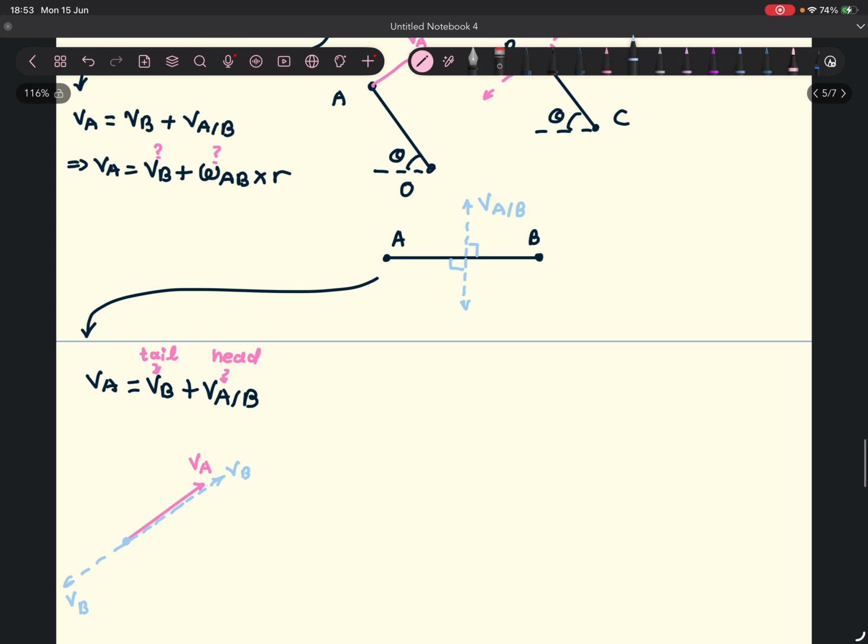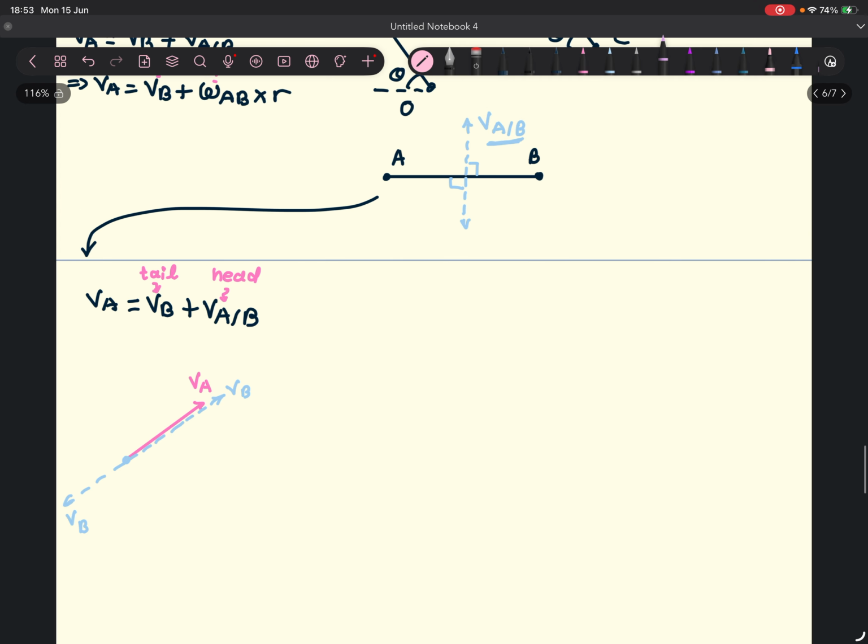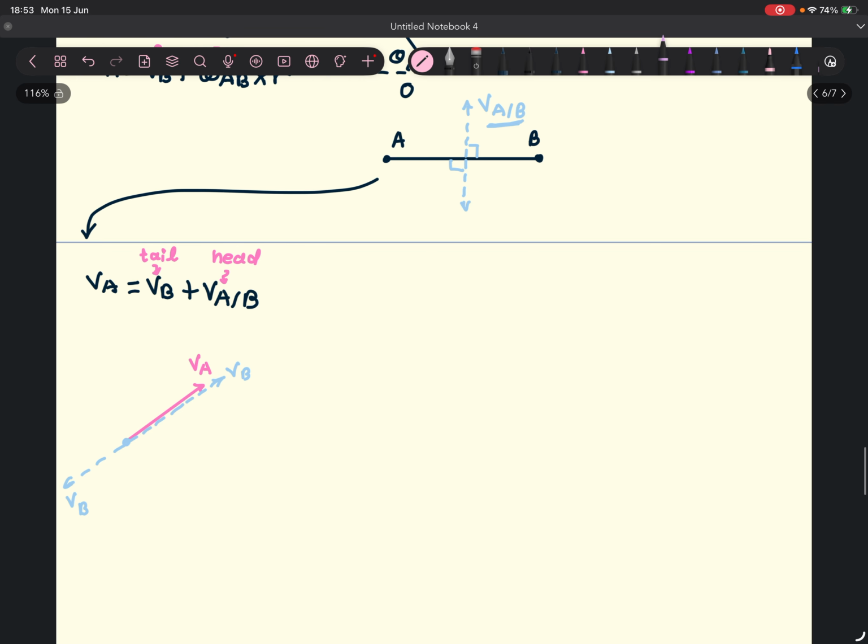Right? And VA relative to B could either go up or it could go down, right? And we know that VA must end at the head of VA relative to B.